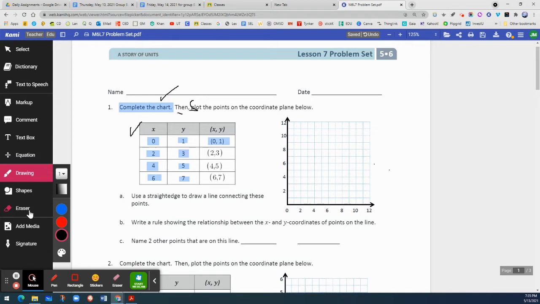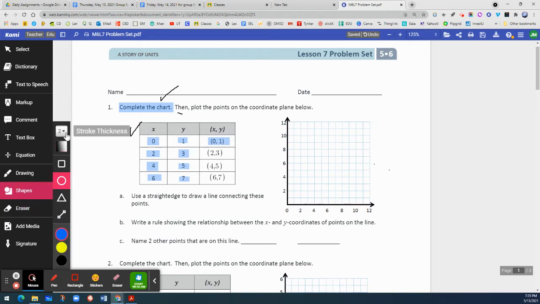So now we have to plot the points. And plotting means we have to put them on the number line. So let me see. I think I'm going to use a circle and make it a little thick so it becomes like a dot. Okay, so now I'm going to do the first set of coordinates, and I'm going to plot them in the coordinate plane.